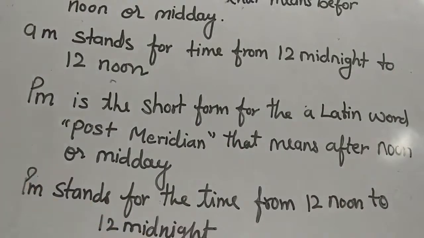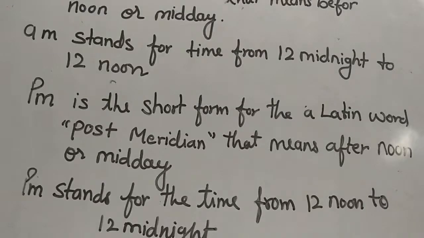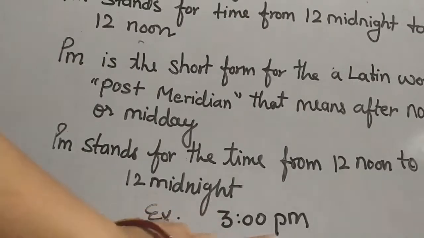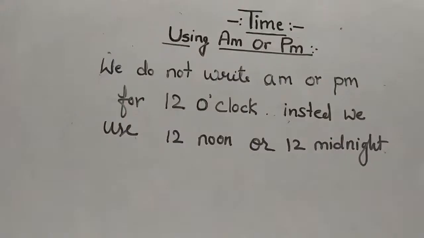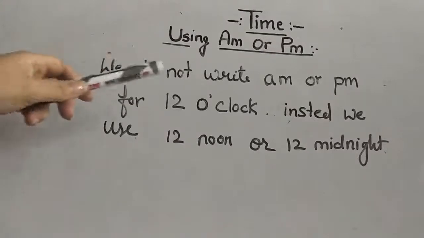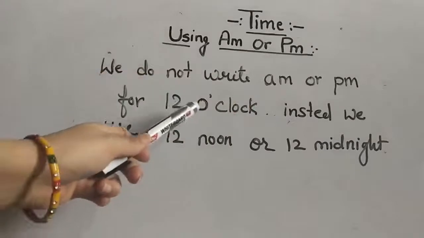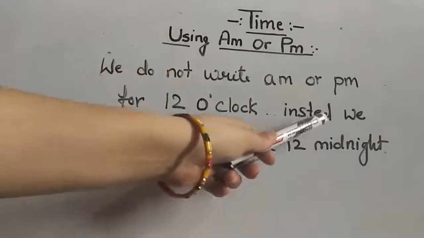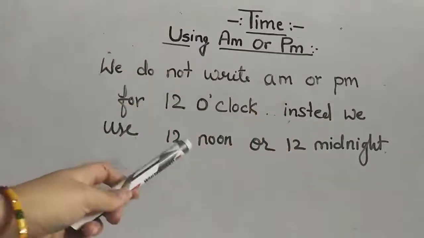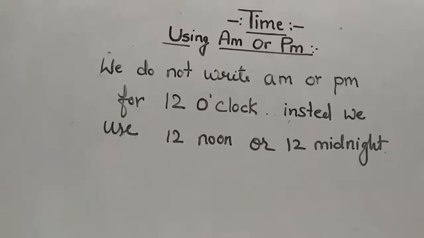For example, 3 o'clock in the afternoon will be 3 PM. Here I want to tell you a most important thing: we do not write AM or PM for 12 o'clock. Instead we write 12 noon or 12 midnight.